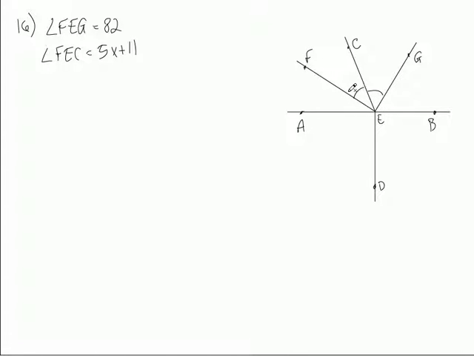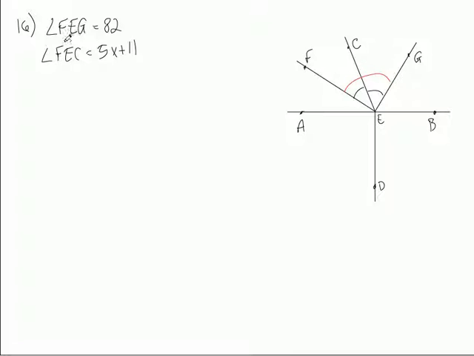FEG is the whole big angle. It's 82. You with me? This big angle from there to there is how many degrees? 82 degrees, right? FEG.